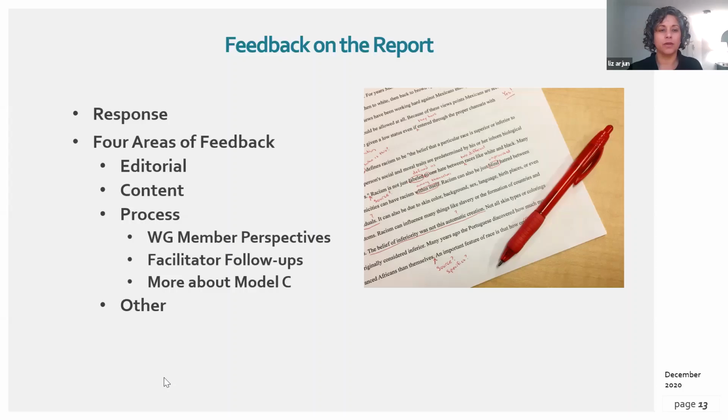And the areas of feedback that we heard are largely grouped into those that were editorial or content, which are being incorporated into the next version. And then those that we consider more process oriented, which is what we're going to spend some time on today. First, the issue of work group member perspectives, facilitator follow-up conversations, and then wanting to hear a bit more about Model C. So just to explain to you how we grouped all that.